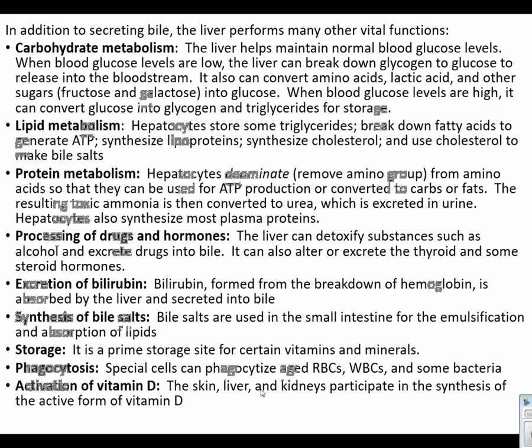When our blood sugar levels are high, what we call hyperglycemia, we can perform glycogenesis, conversion of glucose into glycogen. These are words that we've heard before. These are words we're going to look at more in our next lecture starting on Friday. Okay.